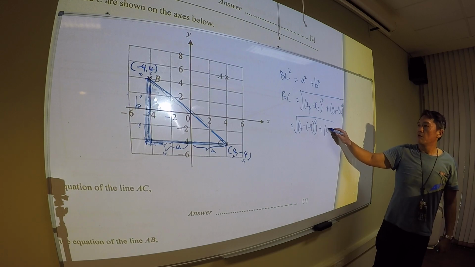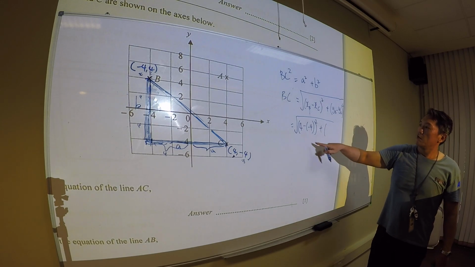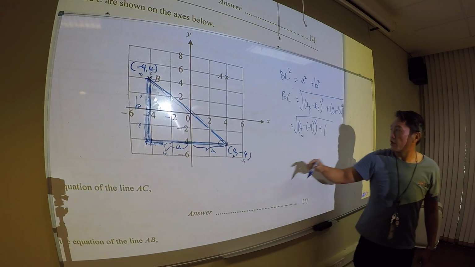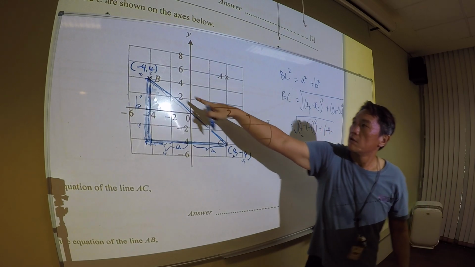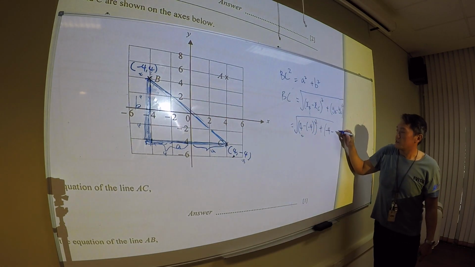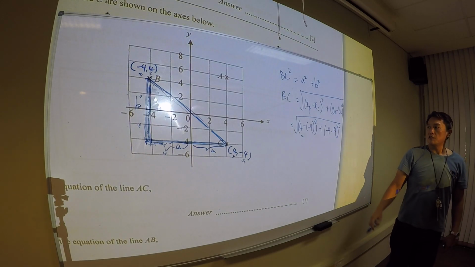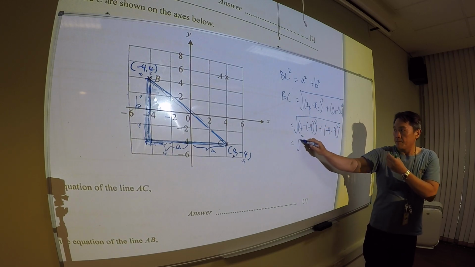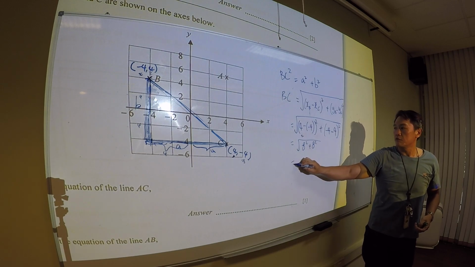So also the same, 4 minus negative 4. Anyway, I have to square, so it doesn't matter which one I take minus which one. In the end it will be the square root of 8 squared plus 8 squared.